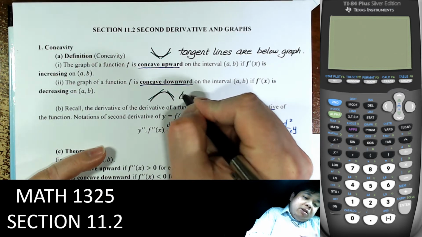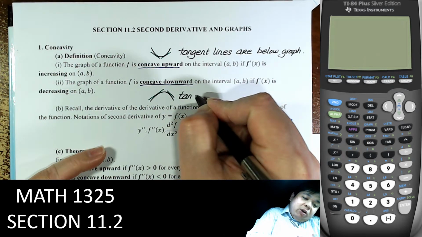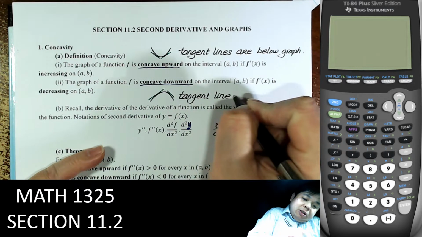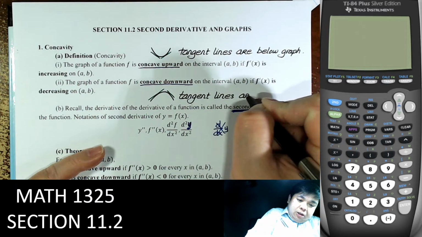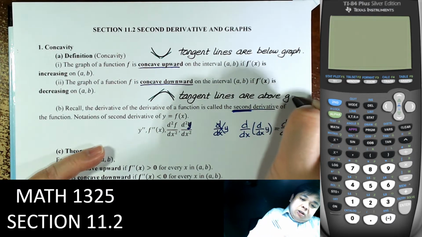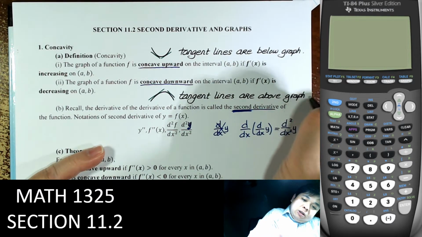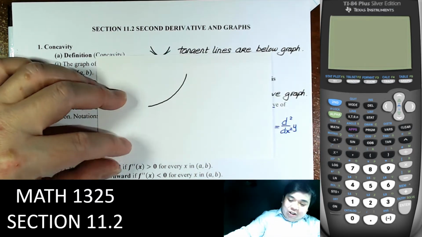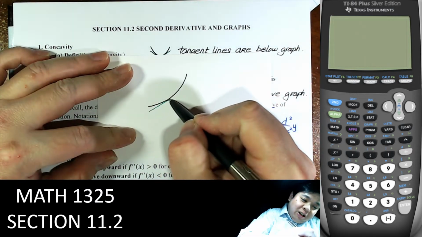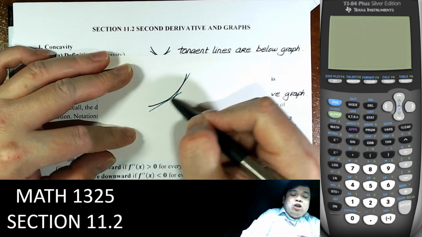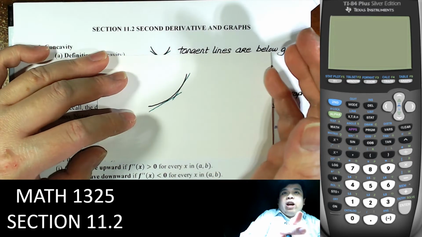Tangent line above is where it is concave down. So when we have this part of the graph, we just draw the tangent line at some point. As you see, it is below the graph, therefore this one is concave up.